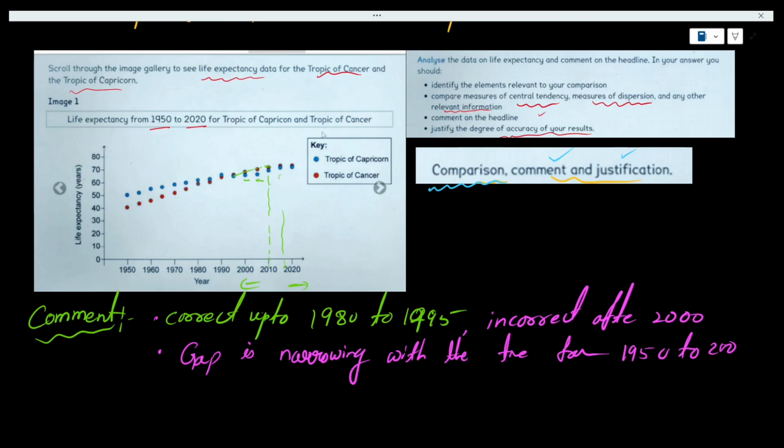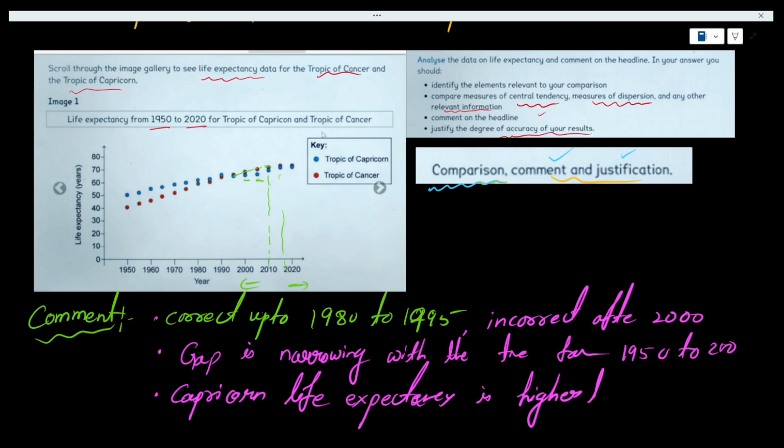Then slowly after that, you can write: Capricorn life expectancy is higher till 2000.